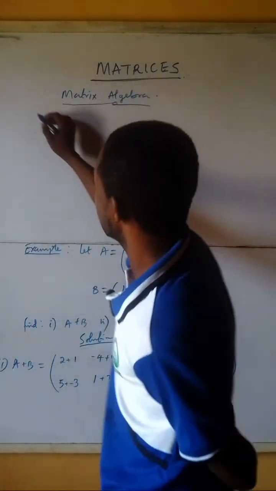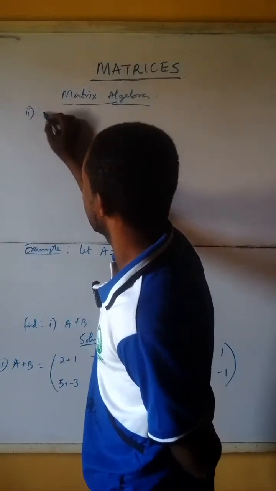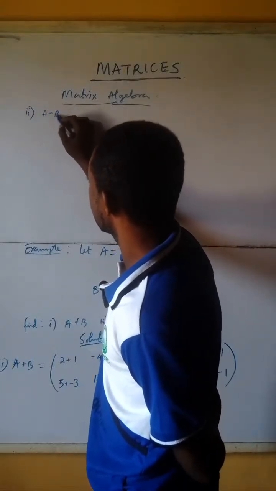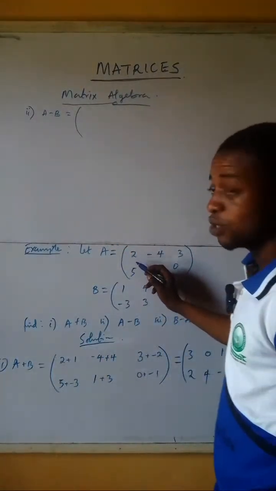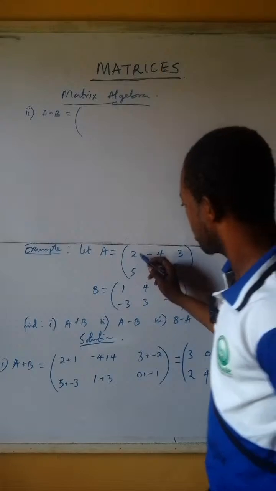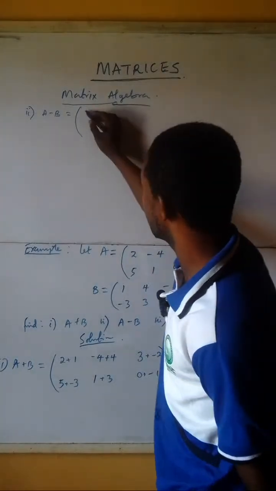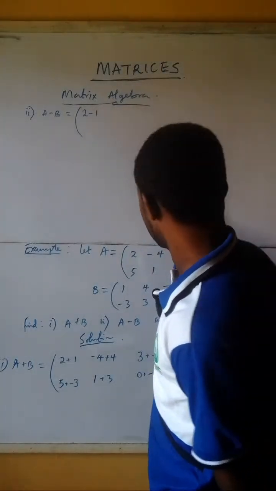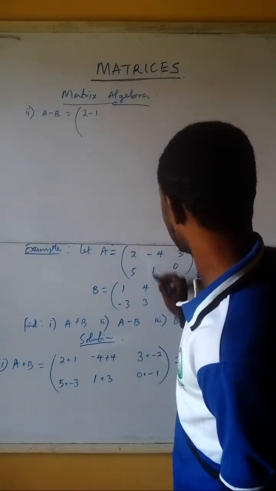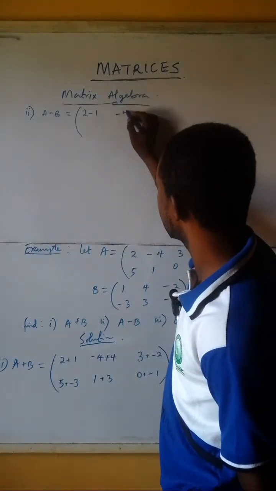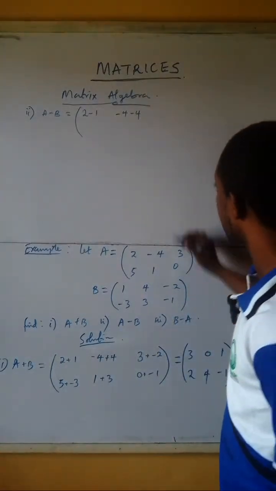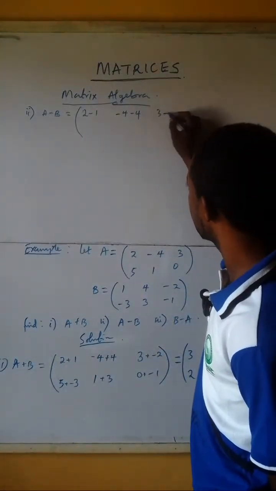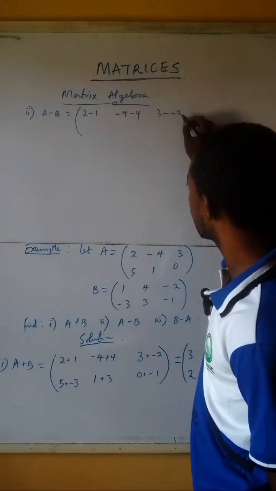Here, the second question, A minus B will be equal to: the first one to take is A. So we have 2 minus 1, then minus 4 minus 4, then 3 minus minus 2.